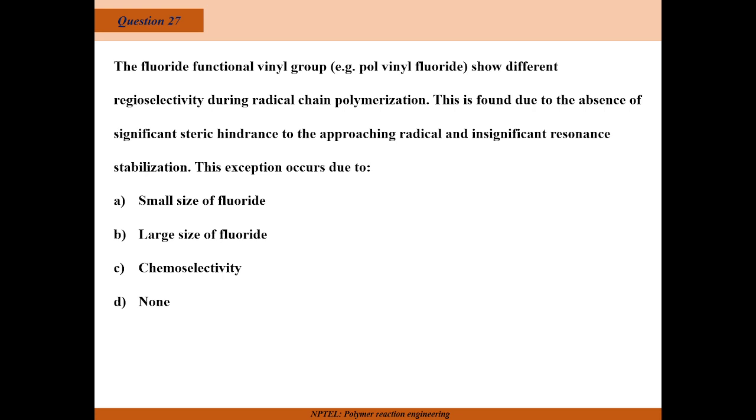The fluoride functional group, polyvinyl fluoride, shows different selectivity during radical chain polymerization. This is found due to the absence of significant steric hindrance to the approaching radical and insignificant resonance stabilization. This exception occurs due to small size of fluoride, large size of fluoride, chemoselectivity, none.